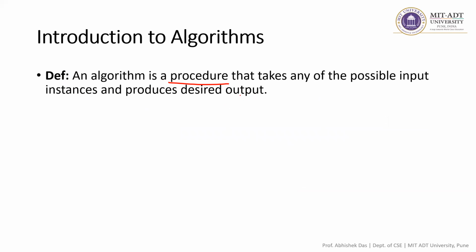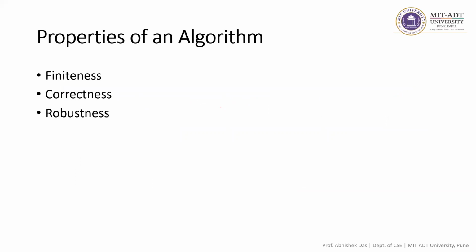Okay, so as you can understand from the basic definition of algorithm, algorithm is all about taking certain inputs and getting certain desired outputs, right? So we have some properties of every algorithm actually. The first property is finiteness, and then the correctness, and third is the robustness.